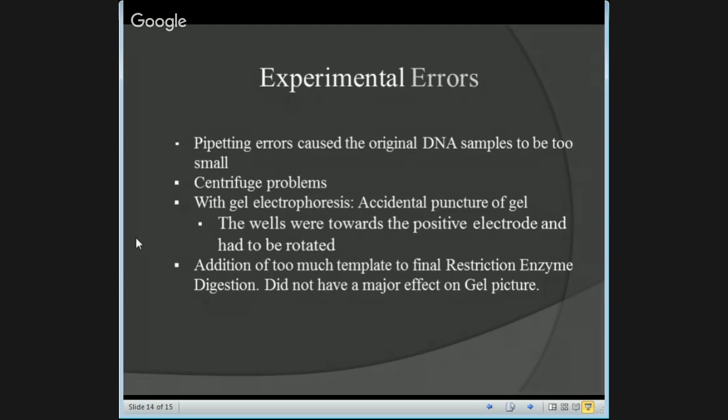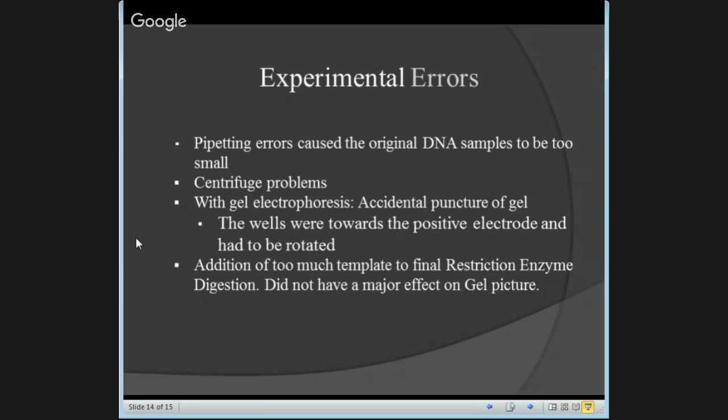So some of our research project was done by educated guesses. So we had pipetting errors that caused the original DNA sample to be too small. So that was probably a problem with the improper usage of the pipette.